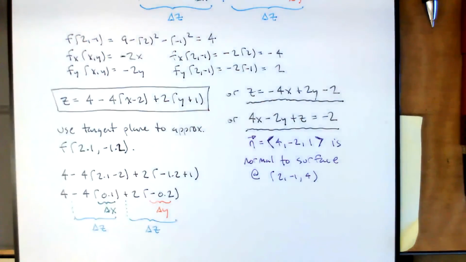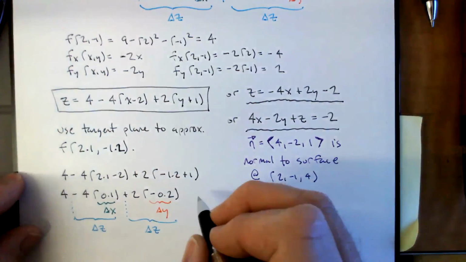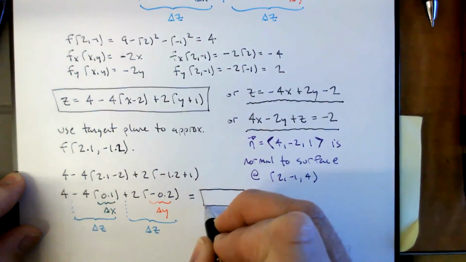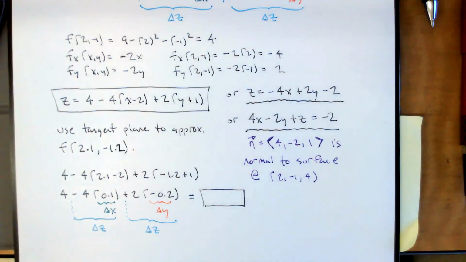And the 2 times the -0.2 is our delta z. So you've got 2 different delta z's, one in the x direction, one in the y direction. So 4 minus the 0.4 is 3.6. 3.6 minus another 0.4 is 3.2.